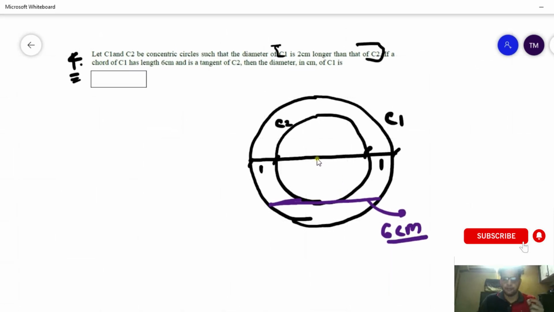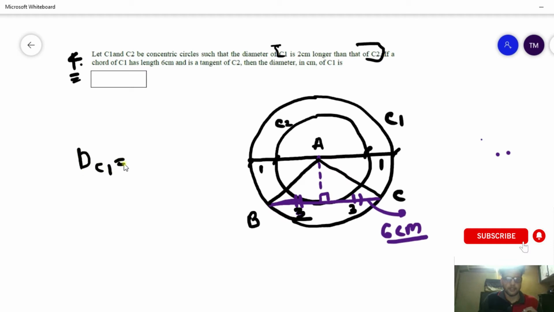Now there is a property, if you draw a perpendicular from the center, it bisects the chord. That means, let BC be the chord. So let's connect AB and AC. Now understand that AB is the radius of C1. Now the diameter of C1 is 2 cm longer than the diameter of C2.